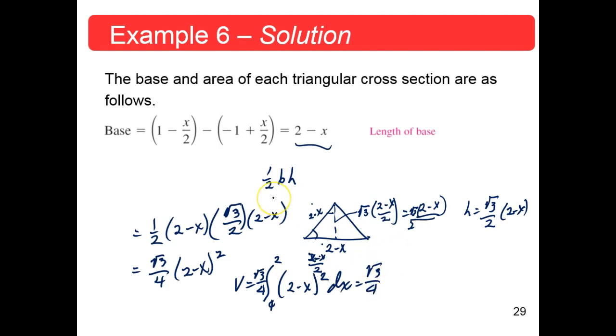Which is equal to the square root of 3 over 4. Now, probably the best way to do this is to multiply it out. Later we'll get another method, but that'll be 4 minus 2x plus x squared, okay? Integrate that, and you get 4x minus x squared plus x cubed over 3.